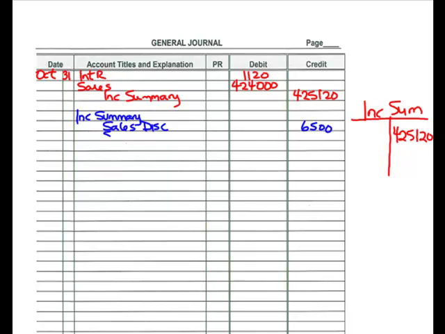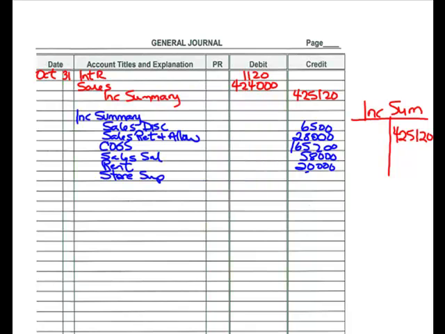We've got sales returns and allowances for $28,000. We've got cost of goods sold, $165,200. We've got sales salaries for $58,000. We've got rent expense for $20,000. We've got store supplies for $5,000. We've got advertising expense for $36,000.